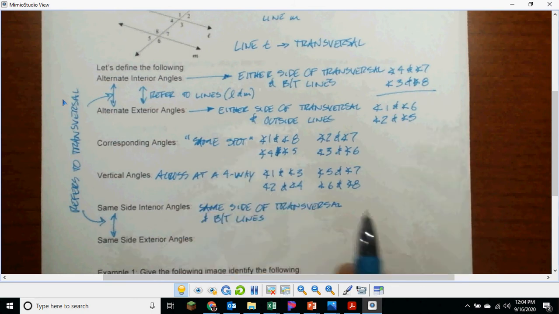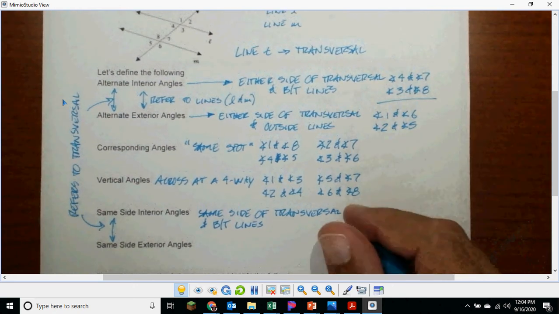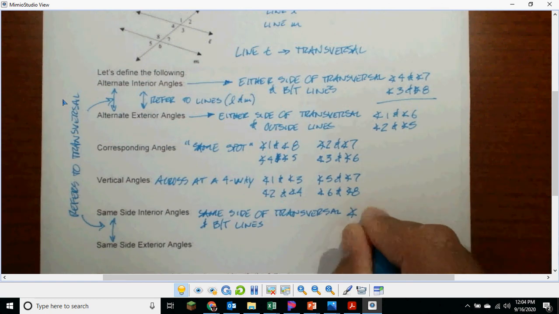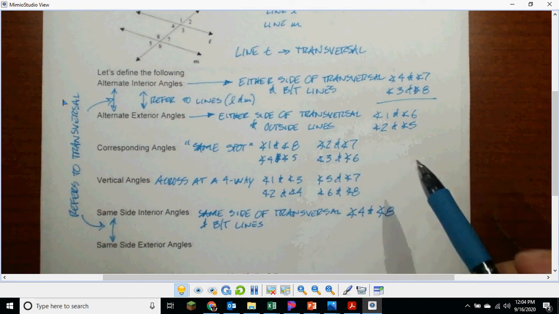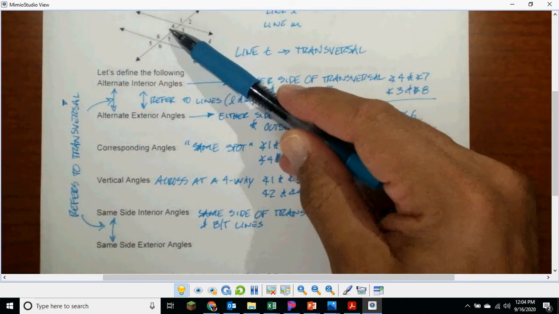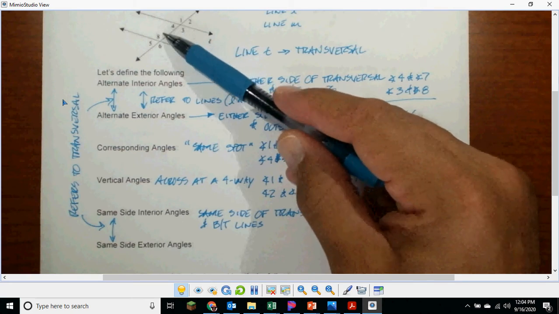In this case, same side interior, the first pair is angle 4 and angle 8. They are both on the left side of the transversal, and they are between the two lines. So those are same side interior.